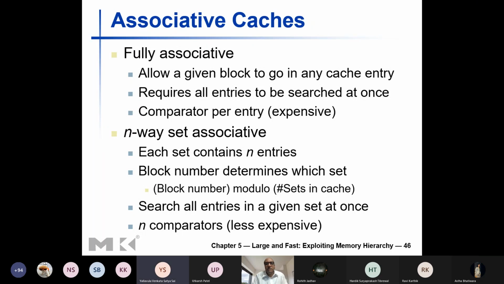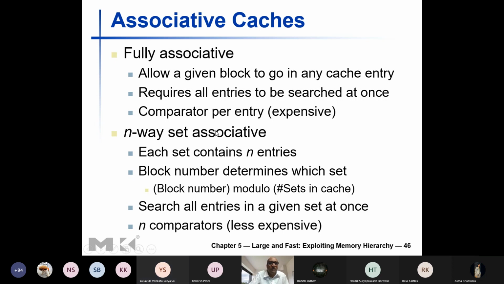So you have certain problems: if there is a miss and you want to fetch that block, it has to replace some other existing entry in the cache, and that may be required immediately after you replace it. So it generates lots of misses.